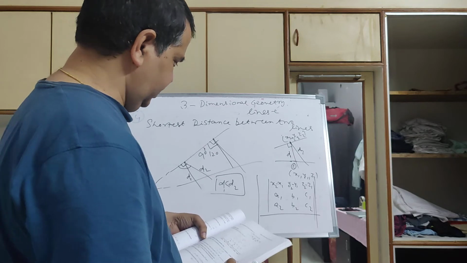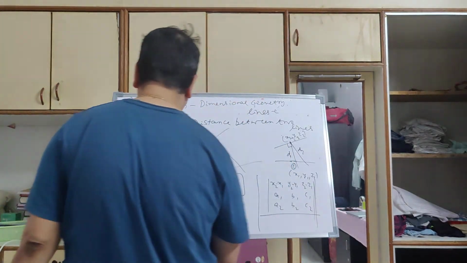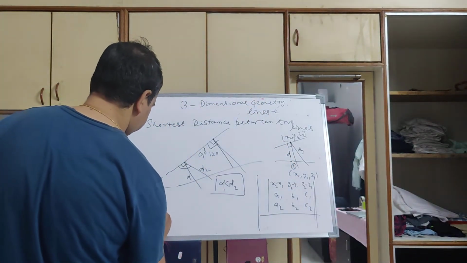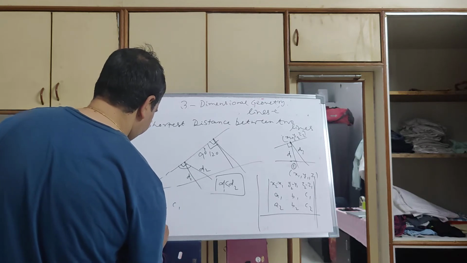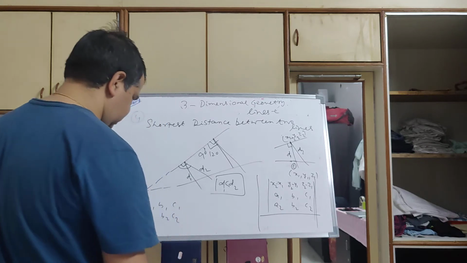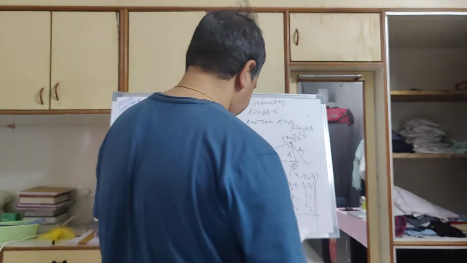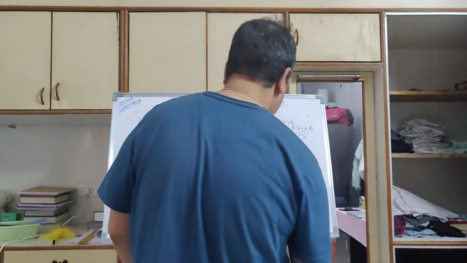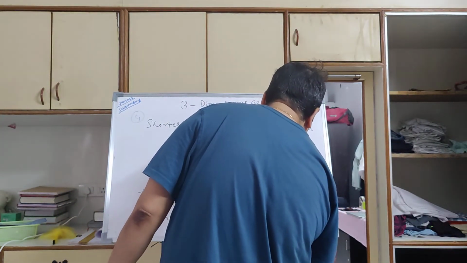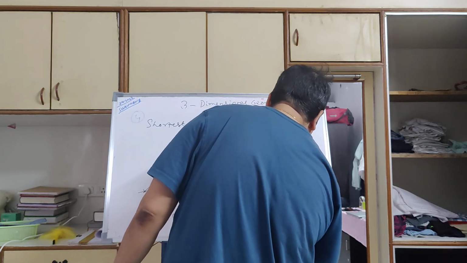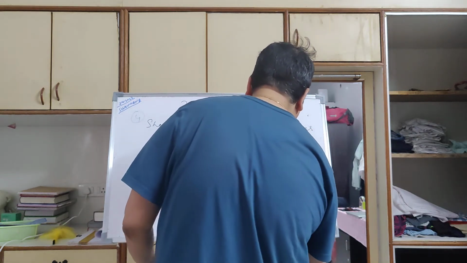b1 c2 minus b2 c1. So you know a1, b1, c1, a2, b2, c2. It will become (b1 c2 minus b2 c1) whole square.